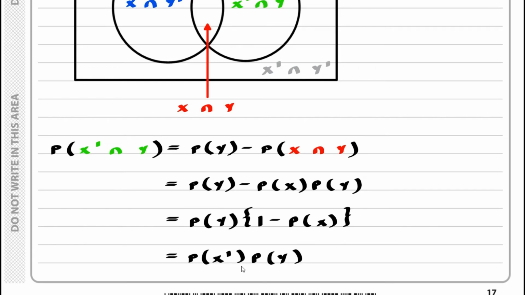So we have the probability of X dash multiplied by the probability of Y. So the probability of X dash and Y is equal to the probability of X dash multiplied by the probability of Y. So that's what we were required to show.